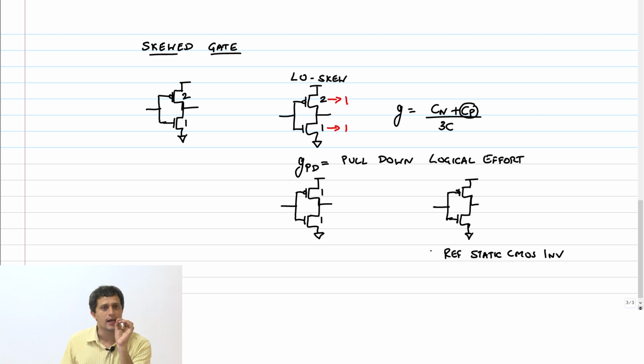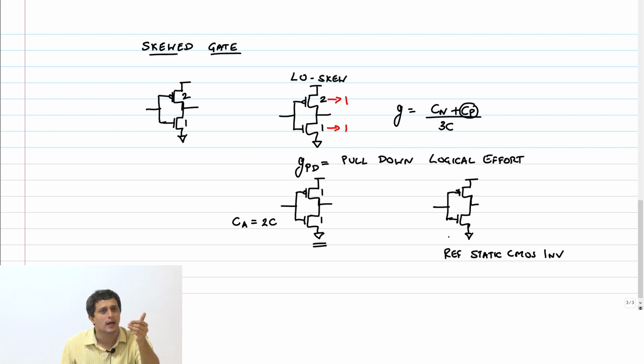I have to compare the capacitance of this low skew inverter. What is the capacitance, by the way? Ca is 2C. Compare to the capacitance of a symmetric static CMOS inverter with the same pull down strength. Earlier I just said same drive strength because pull up and pull down were the same.